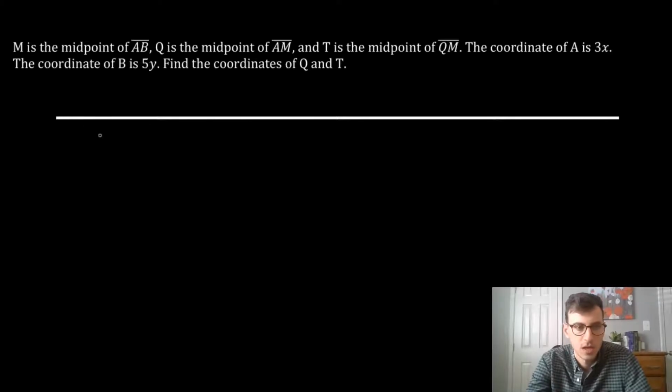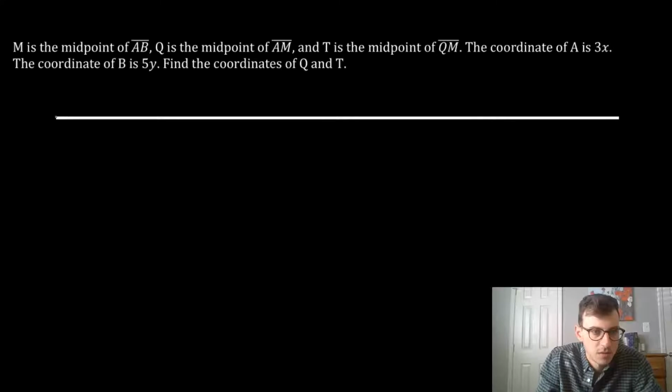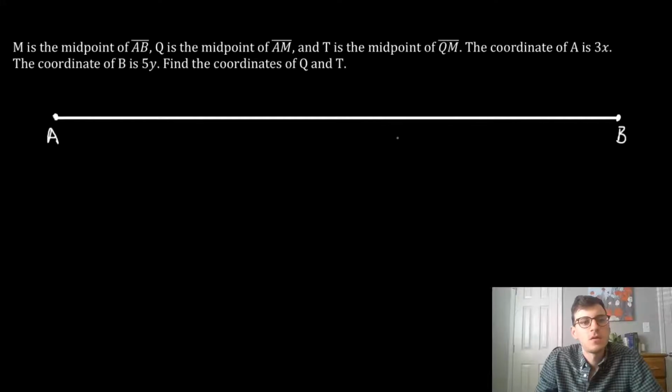I'm going to go ahead and start with A and B. So here's A. Here's B. M is the midpoint of AB, so kind of in the middle. That looks about right. Doesn't have to be perfect. M is the midpoint of AB.